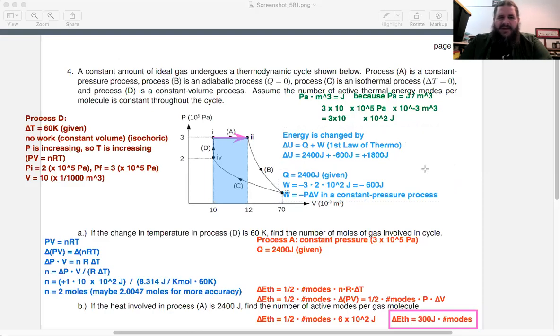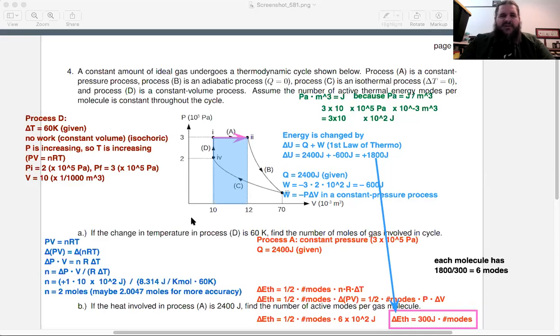And now we can set that equal to delta E thermal, which is 300 joules times number of modes. And then how do you find number of modes? Just divide by 300. Yeah, divide by 300. We get number of modes is 1,800 over 300. Joules cancels out. Looks like that's going to be 6. So I think we can say here that each molecule has 1,800 over 300 equals 6 modes. So 6 modes per molecule.